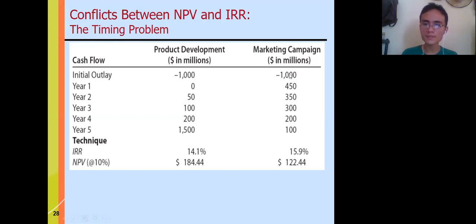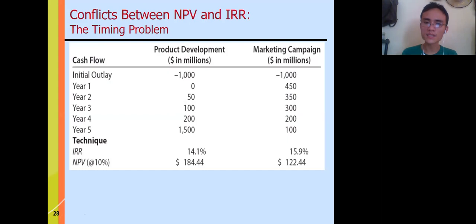Whereas for the marketing campaign, there are already inflows at the early stage and it decreases at year 5. This is a timing problem because when we compute the NPV, it's possible that one project would excel since it has greater inflows when the discount rate is at the highest in terms of the factor for present value.